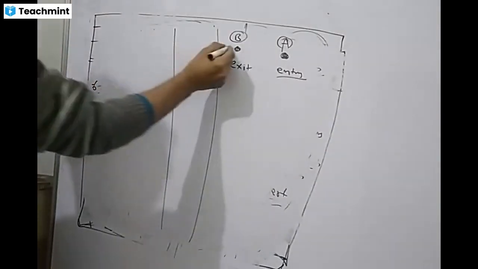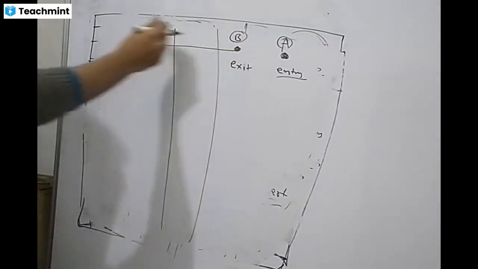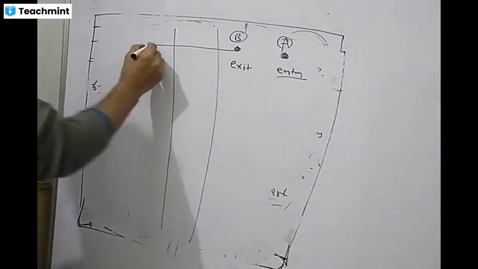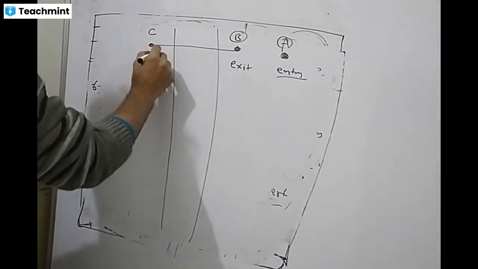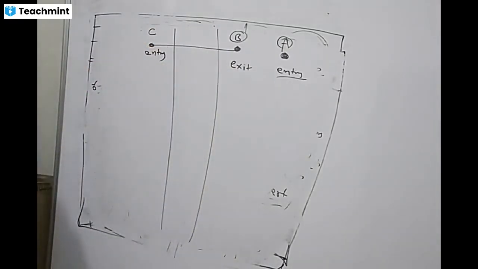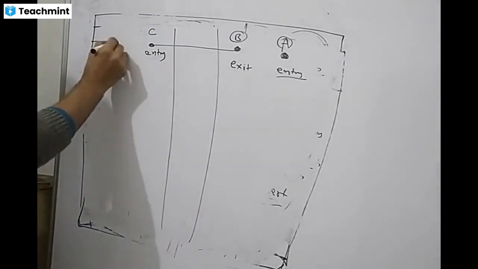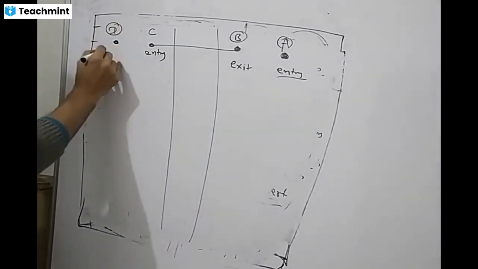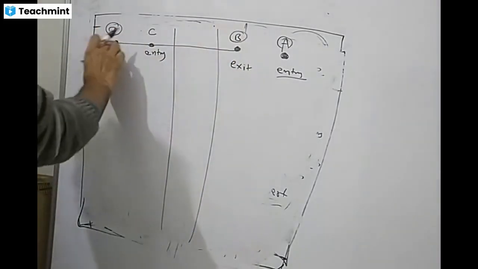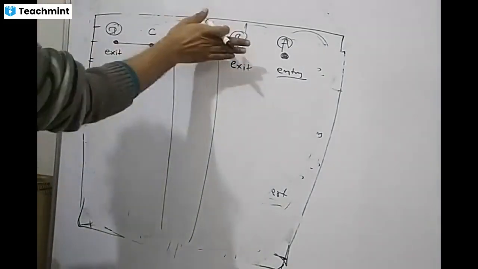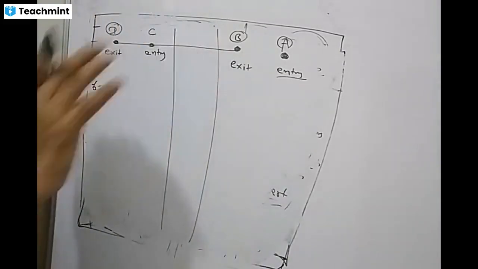Then we cross this incision line. We come to point C. After exit, we again enter. Then from this point D, again we exit. In case of vertical mattress, after exit we move in this direction because that was an interrupted pattern.